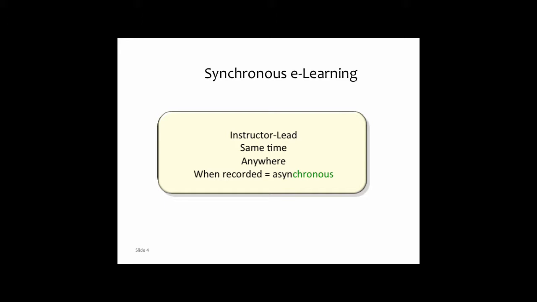Many times in our courses that are synchronous, when they are recorded, they turn into asynchronous. In other words, you can go back later and review the instruction, or if you happened to have missed that particular class because it was all at the same time, you can go back and review what the instructor said.